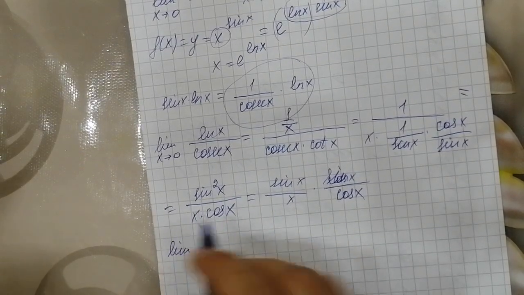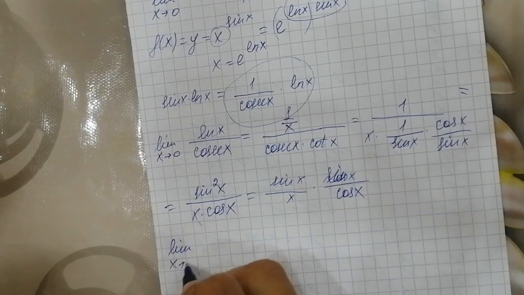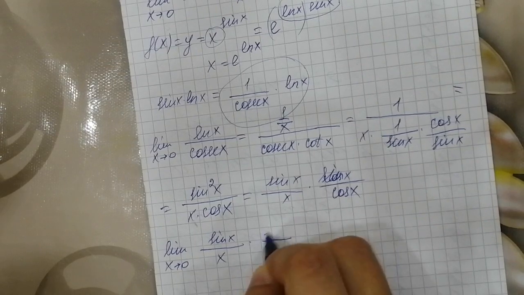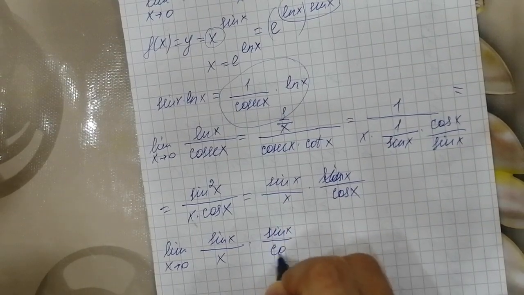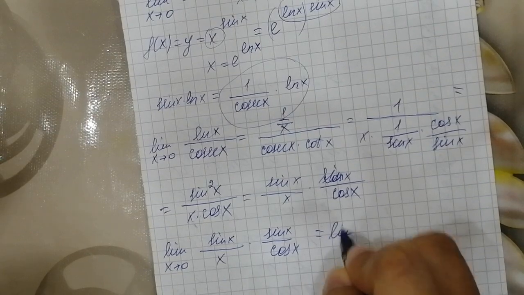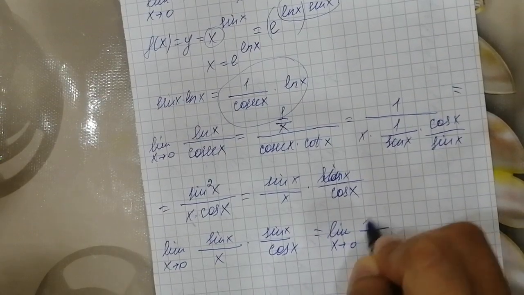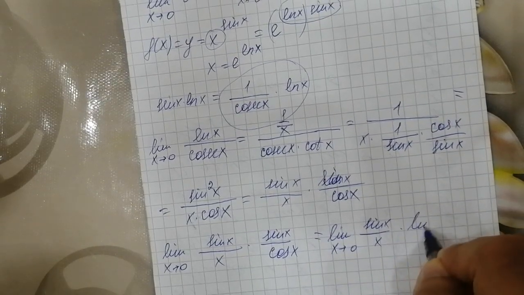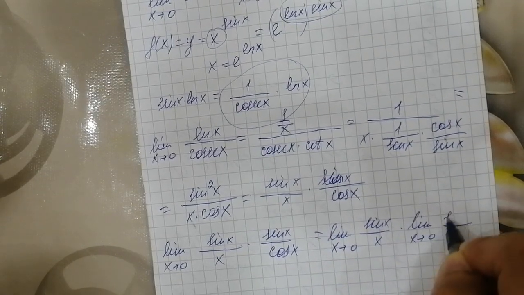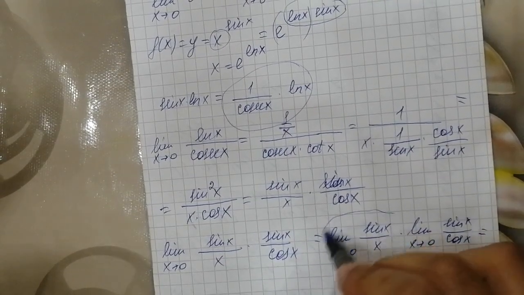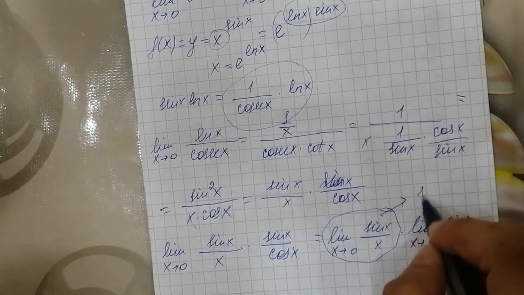Then the limit when x tends to 0 of sine x over x times sine x over cosine x, I can write as the limit of the function sine x over x when x tends to 0 times the limit when x tends to 0 of sine x over cosine x. You know that the first one is equal to 1.